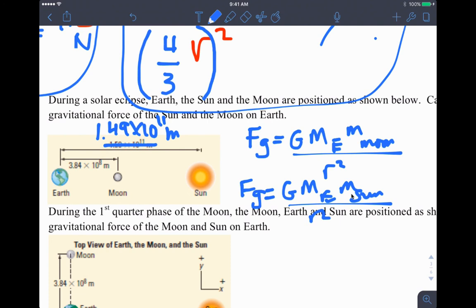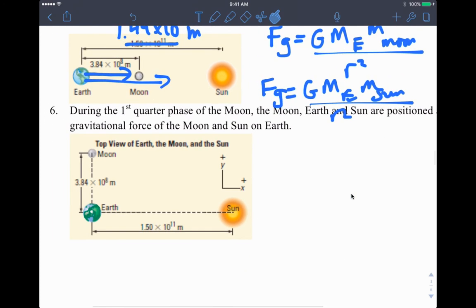So again, we're saying what's acting on the Earth. The Moon is pulling the Earth this way, and the Sun is pulling the Earth that way. So you have two forces of gravity acting on the Earth, and you just have to add them together to get the net force, okay? So the math's a little tedious, but not horrible. In the end, you just add them together because they're both working together.